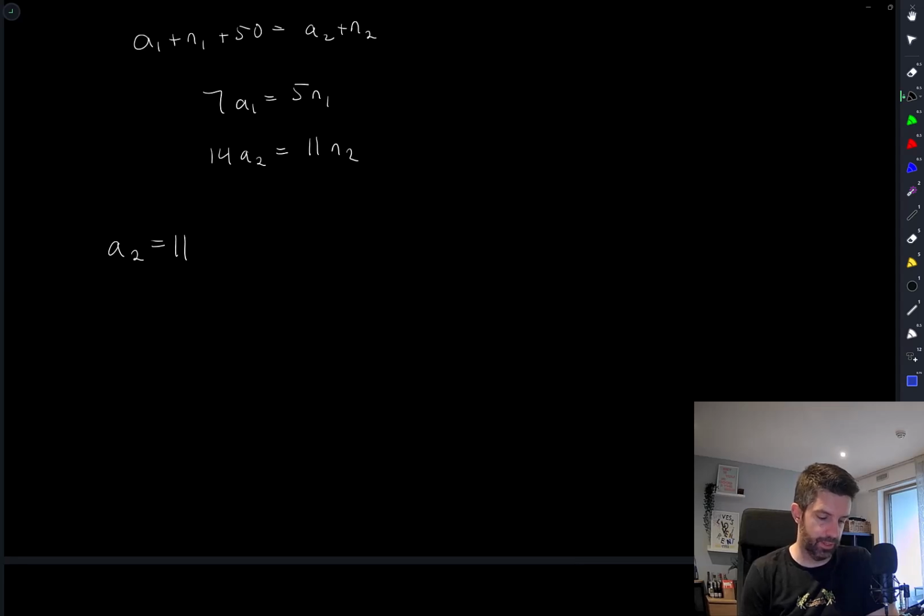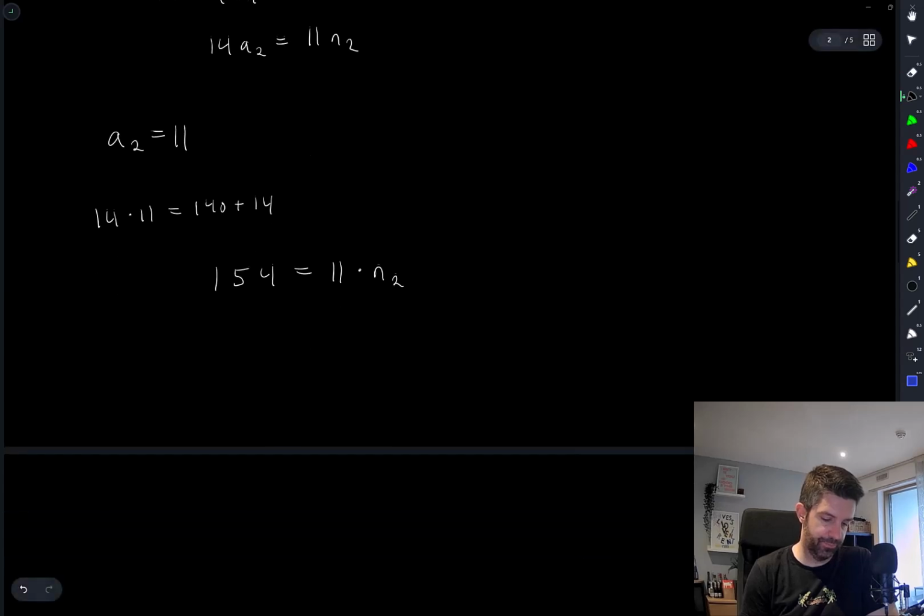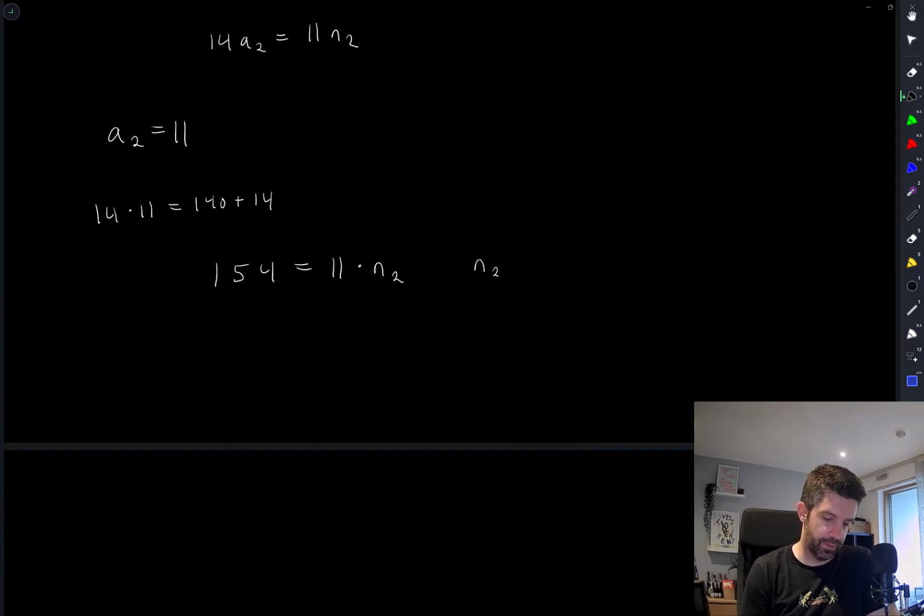Then I get 14 times 11 is 140 plus 14. So that's 154 is equal to 11 times N2. So of course N2 is 14.